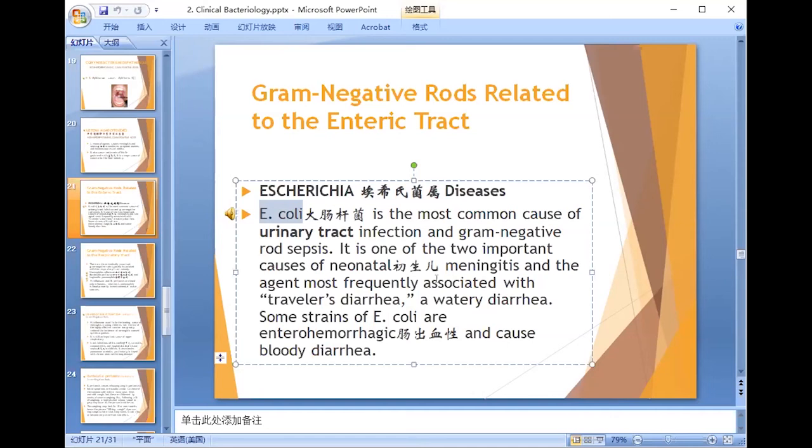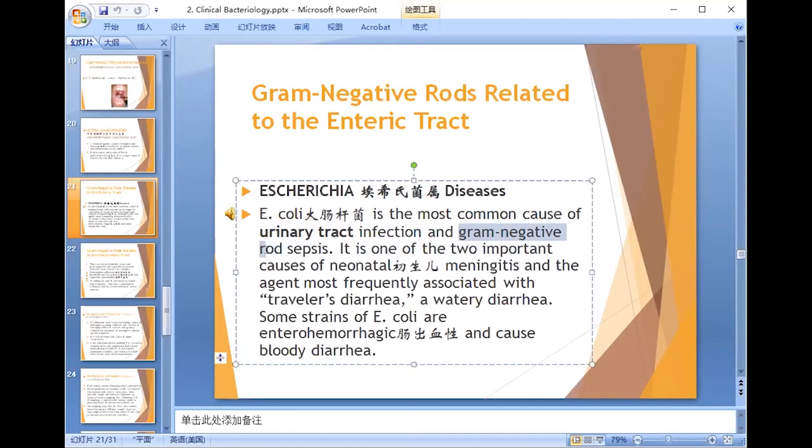But if this bacteria goes to other parts of our body, it will cause other troubles and illness. Mostly they go to the urinary tract, including your bladder or maybe kidney, and can cause infection. That's a pretty common one.